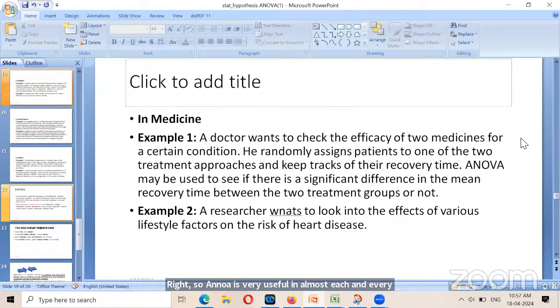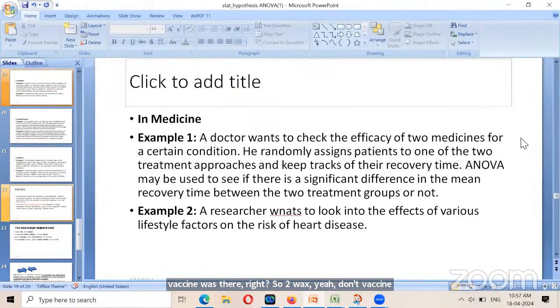In medicine, okay, 3 or 4 years ago, we all witnessed the COVID pandemic, right? So after the COVID pandemic, what were we doing? We were doing the vaccination, right? Covishield, and one more vaccine was there, right? So two vaccines came to market.